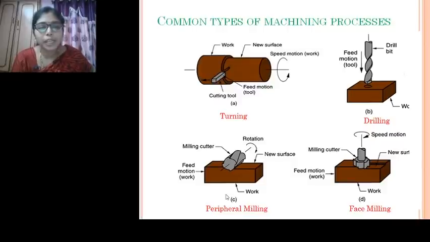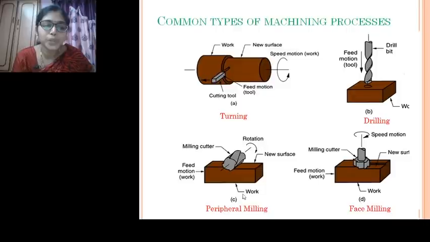And if you take the above process, like in a turning operation, this can be applied when the workpiece is cylindrical. Now, if you want to remove the material from a square block, then we go for a milling operation where a multi-point cutting edge tool is used.